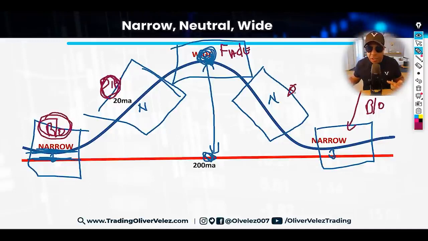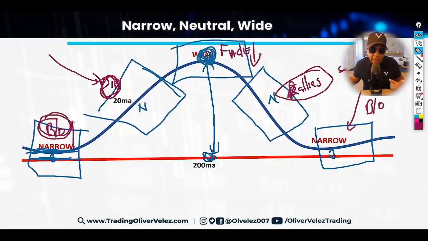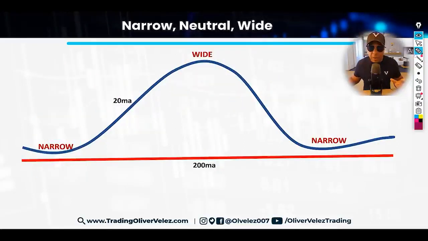This is the short the rallies stage. So we sell the rallies, we buy the dip, sell the rallies, fade the market down here, buy the market up there. Now, I'm going to go into greater detail with this. Don't worry if I'm going a little too fast for you. Trust me, I just want you to understand the three states.